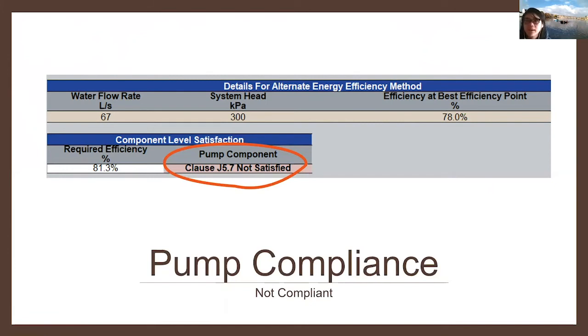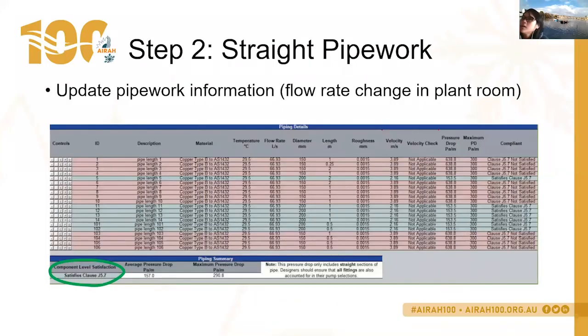Why don't we check if our straight pipe work complies before we figure out what we do next? So again, we've just updated our pipe work details in the spreadsheet.